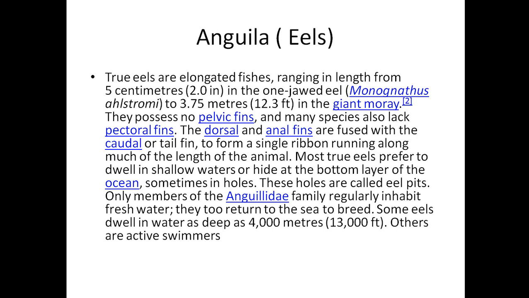See, there are eel fishes which measure only 5 centimeters, and in one jawed eel, the Monognathus genus, it measures 3.75 meters, about 12.3 feet, and that is found in the area of the giant moray.